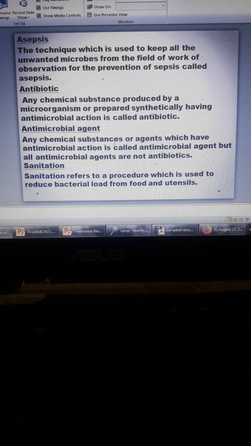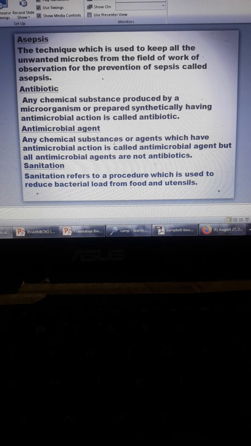Antibiotic is a substance produced by microorganisms or prepared synthetically, meaning prepared in the laboratory. There are types of drugs: synthetic drugs, semi-synthetic drugs, and natural or biological drugs. The synthetic ones are prepared in the laboratory.